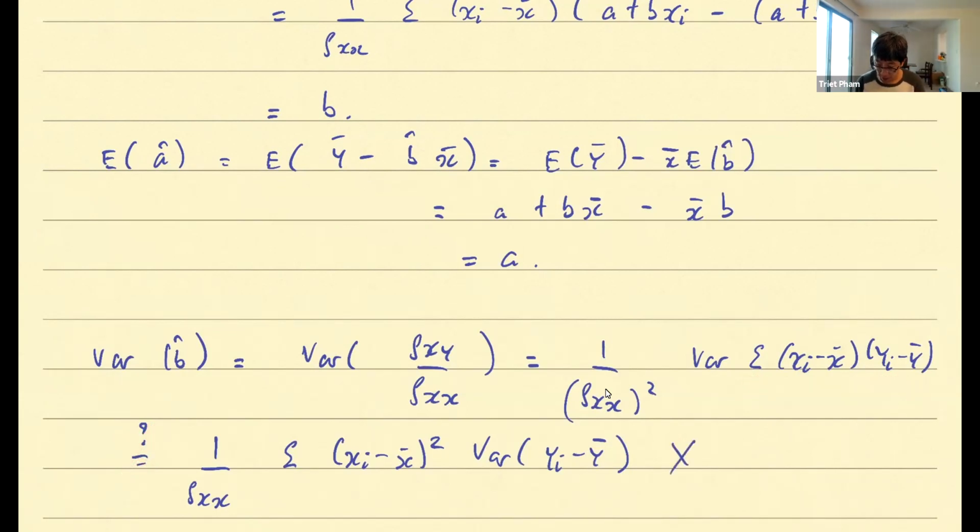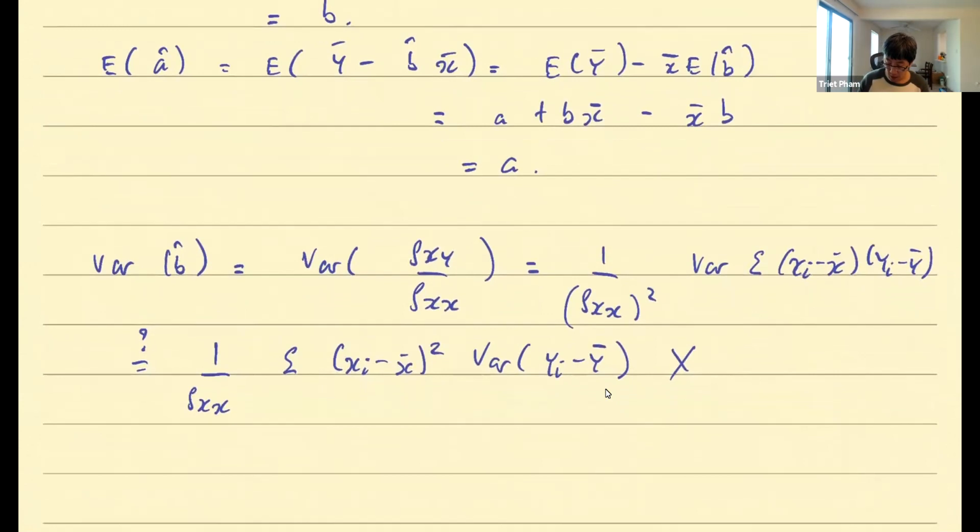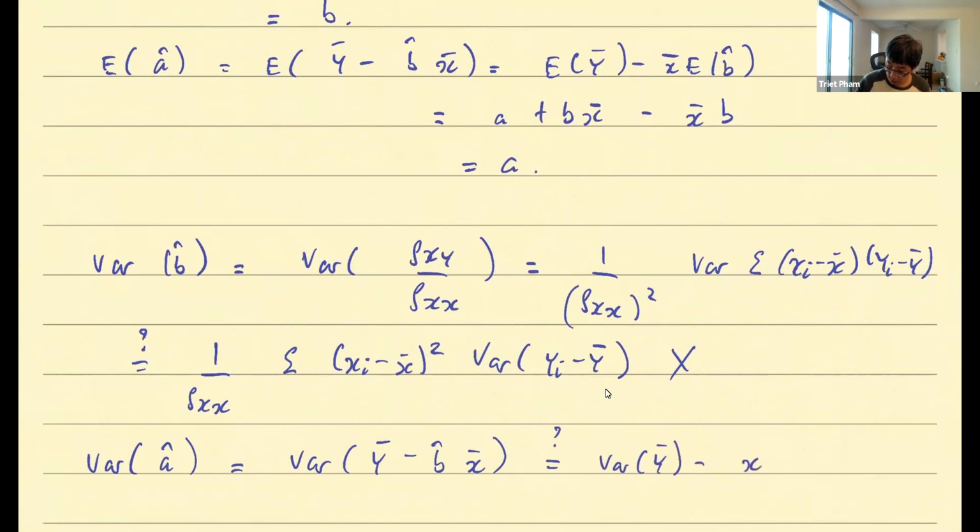Now, I guess same goes for A hat, maybe. Variance of A hat, right, is variance of Y bar minus B hat X bar, question mark, variance of Y bar minus X bar squared, variance of B hat.